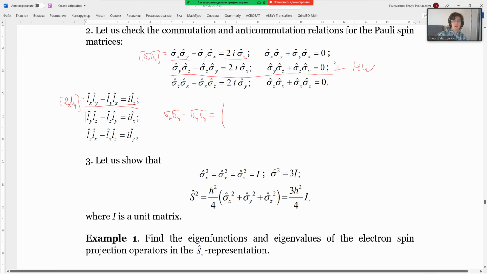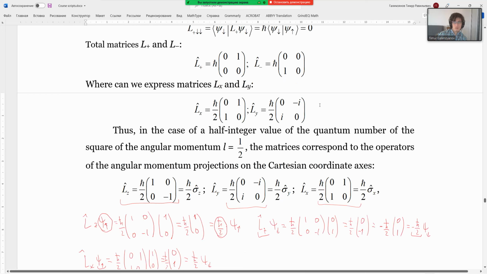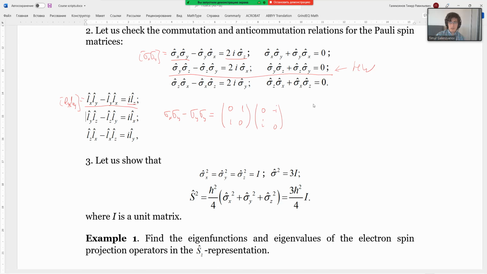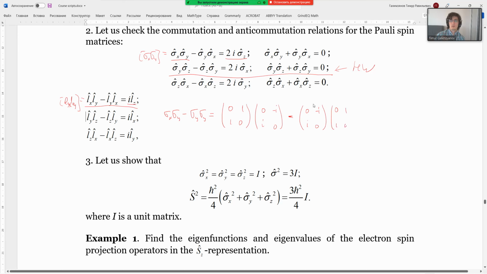Sigma x is 0 1 1 0. Sigma y is 0 minus i, i 0. And vice versa, sigma y times sigma x, with the matrix 0 minus i, i 0 acting on 0 1 1 0.